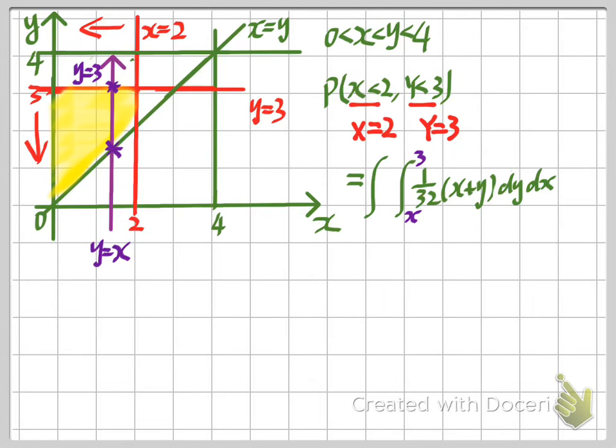For x, as I already said, because it's the outer integral, the upper and lower limits should be numbers: the minimum of x and the maximum of x. If we look at this graph, what's the minimum value of x? The minimum value here, of course, is this one, x equals 0.